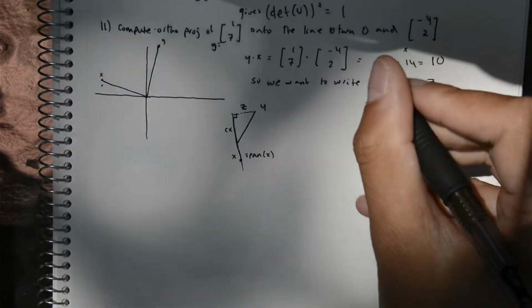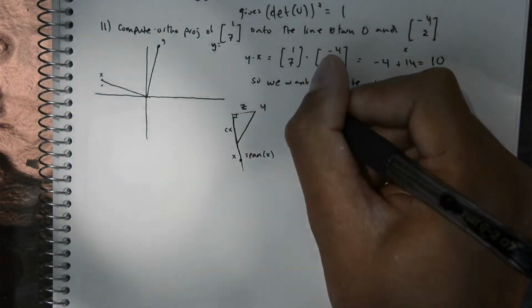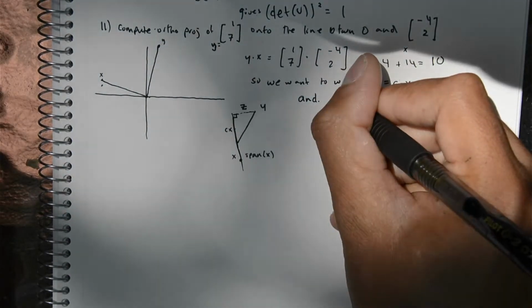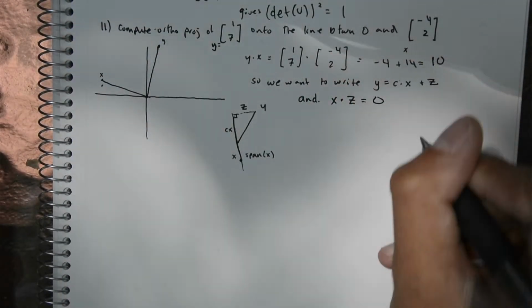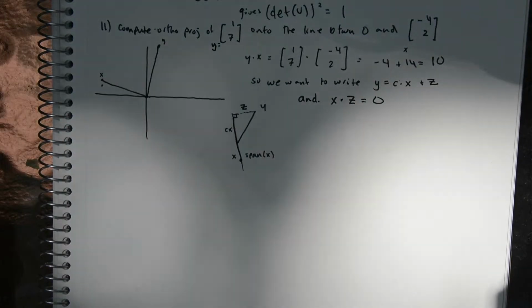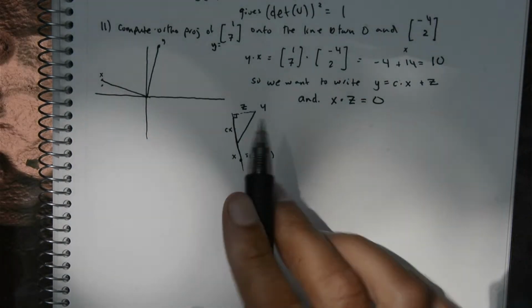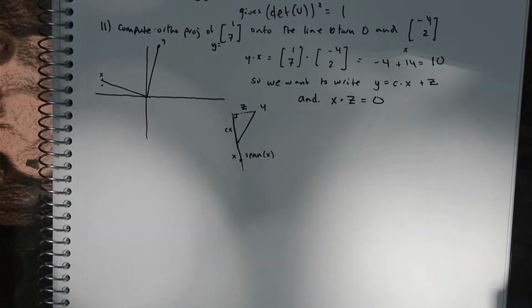And we want x dot z equal to 0. That's what it means for x to be orthogonal to z.